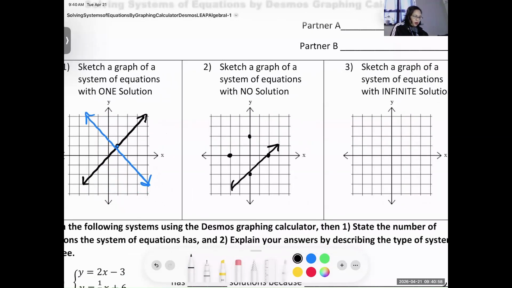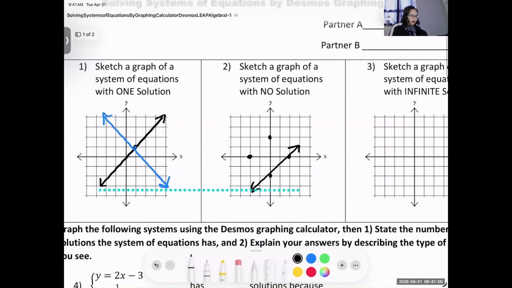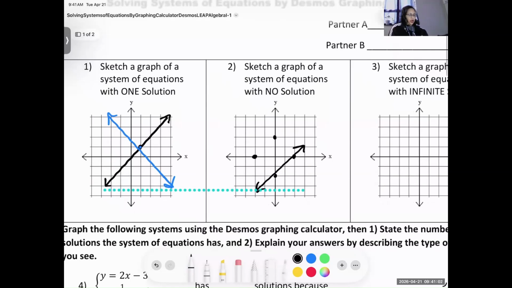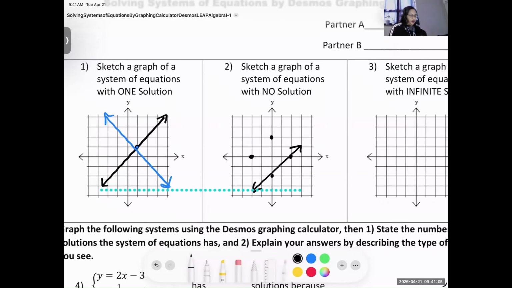Don't judge me on my artwork. This is not working either. Let's use a pen. I'm gonna use the side of a pen, see if that keeps my little paper from moving.